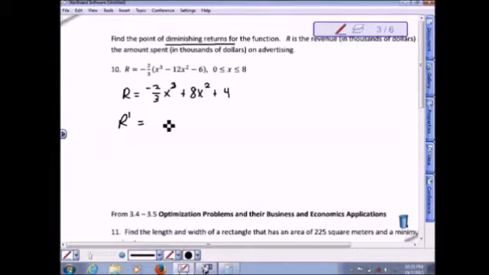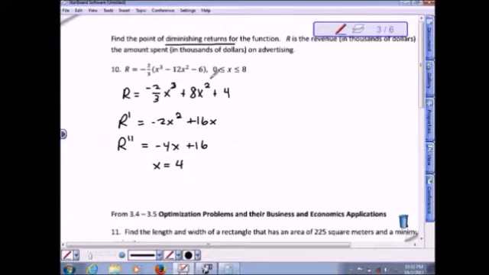R prime then is -2x squared plus 16x. And the second derivative is -4x plus 16. Now this is going to equal 0 when x is equal to 4.